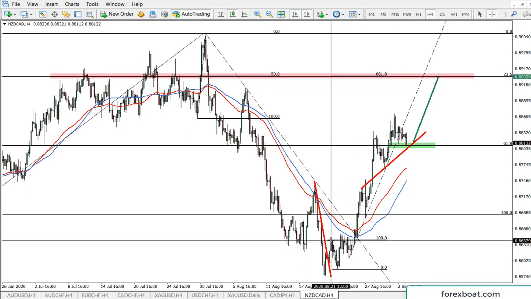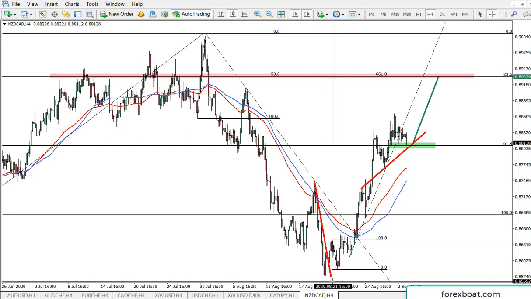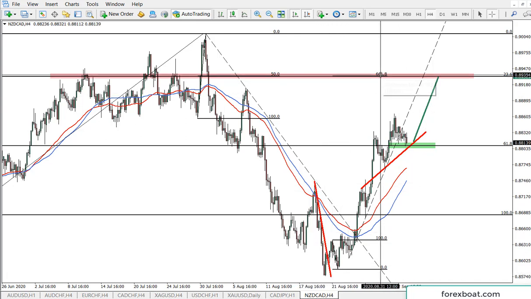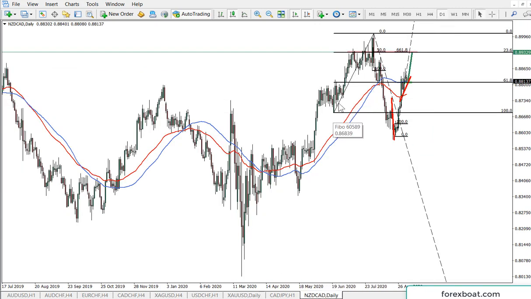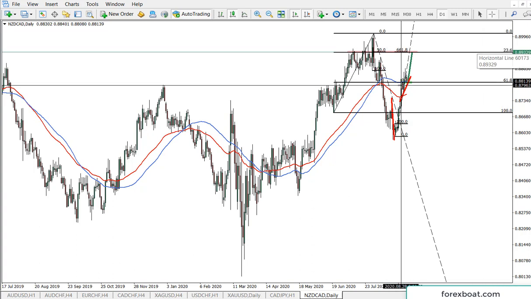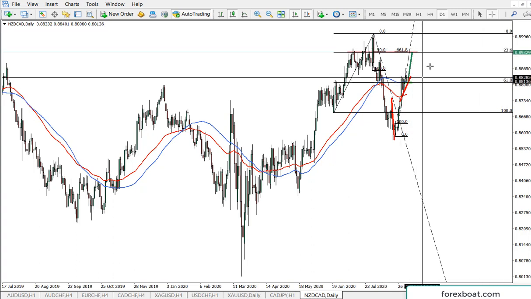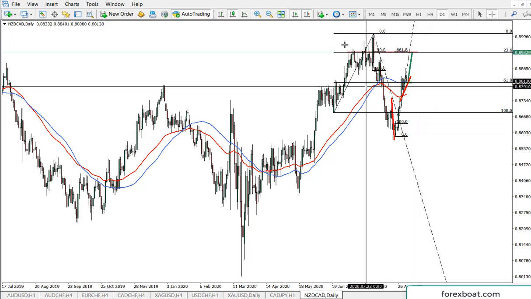It also corresponds to 61.8 Fib, and I have applied it to this corrective wave down, first correction after the downtrend trend line breakout. So we have 2 Fibs confirmed, and now the third one, I have used this Fib, and here we have 23.6 Fib. So this is currently the support, and this is currently the resistance, and price is likely to continue moving up.